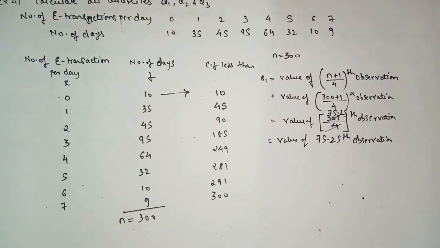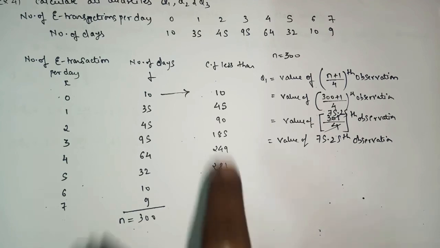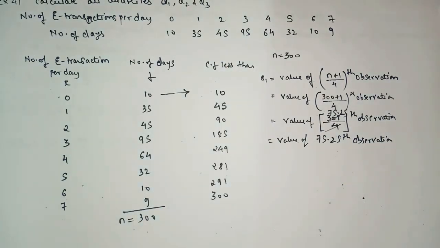Any doubt? So first you prepare the table with respect to the cumulative frequency, as the cumulative frequency plays an important role for type number 2. Without adding the column you cannot find your answer.